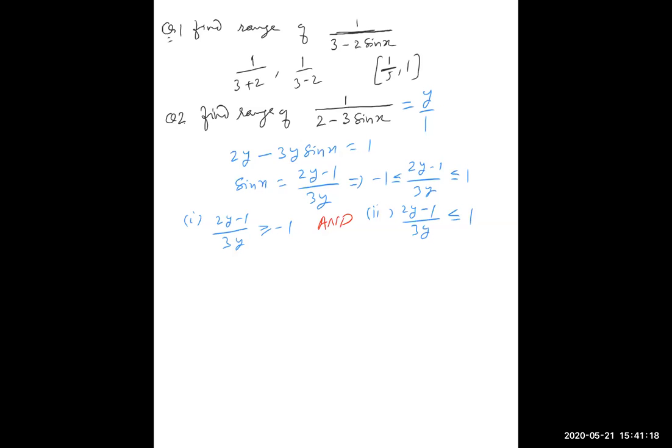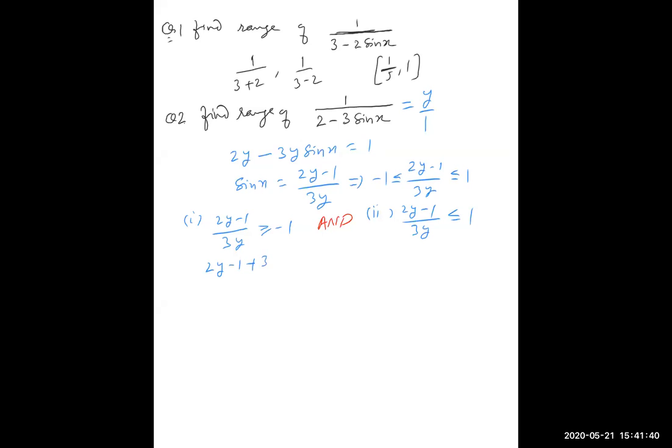Both I have to solve and I have to find the intersection of that. That will be the answer of this because it is 'and'. And means intersection. Now I think you can solve it, because I have explained to you the Wavy method.